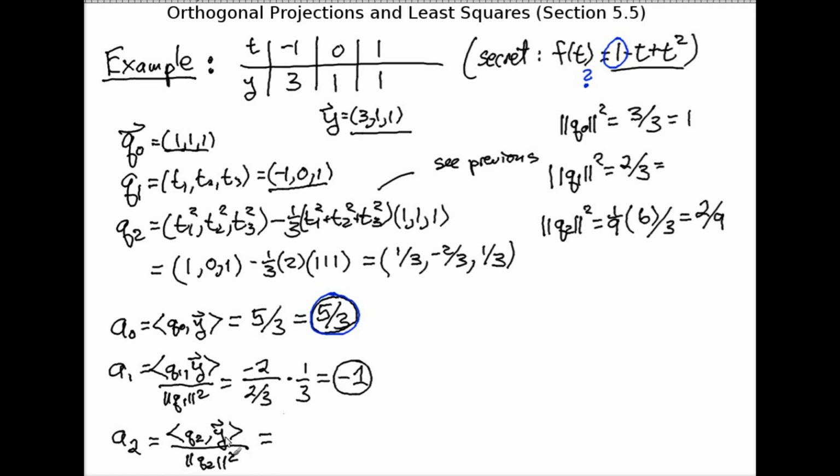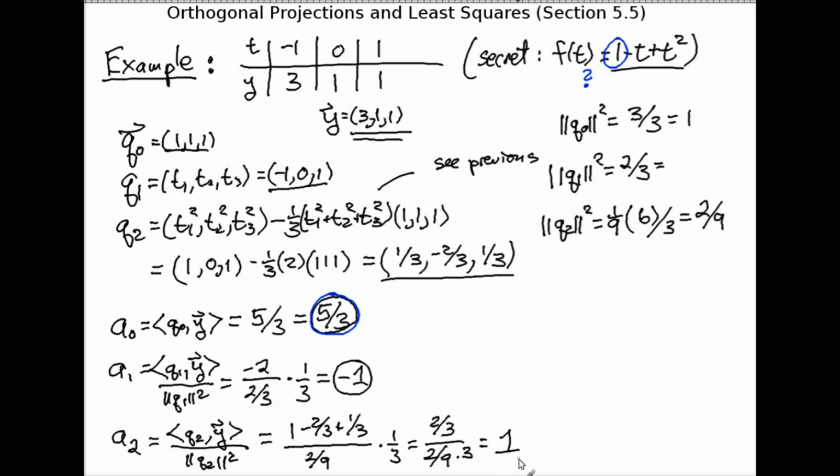Q2 paired with y is the inner product of this vector and this vector. It gives you 3 times a third is 1, minus 2/3 plus 1/3. Divided by 2/9, and also multiplied by 1/3. So 1 minus 2/3 is 2/3, over 2/9 times 3. That's 2/3 over 2/3, which is 1.